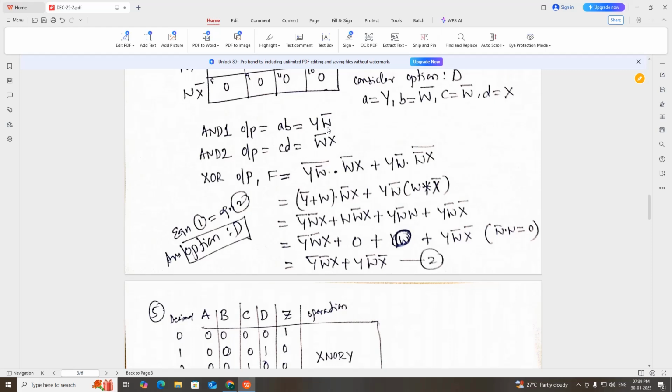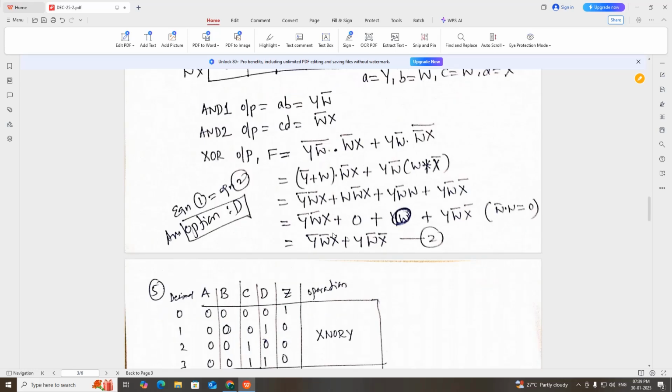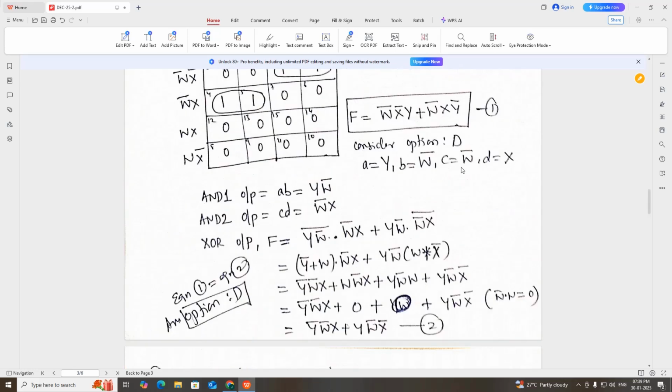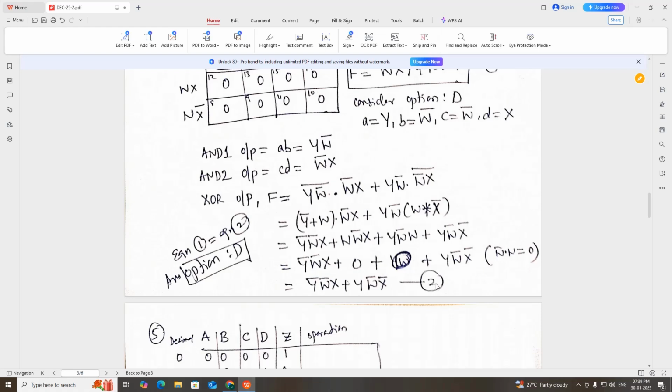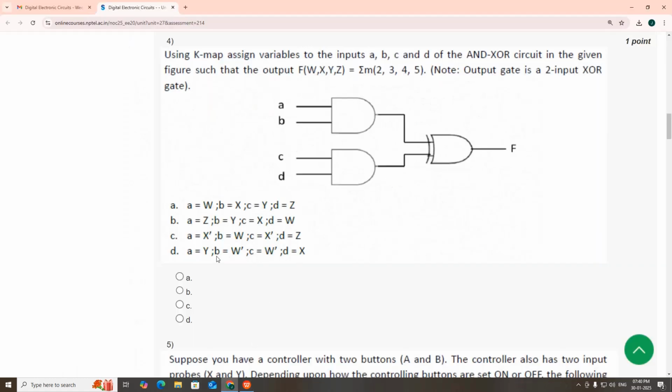So do the XOR operation of these two, and then we do the simplification. After simplification, we find that equation 1 and 2 are same. Go through the simplification steps. So equation 1 is equal to equation 2, option D. Answer is option D.